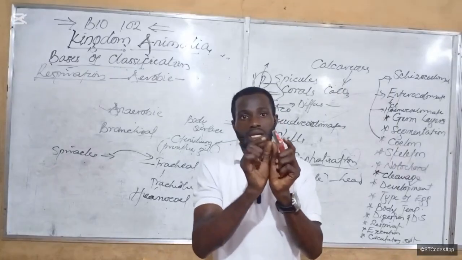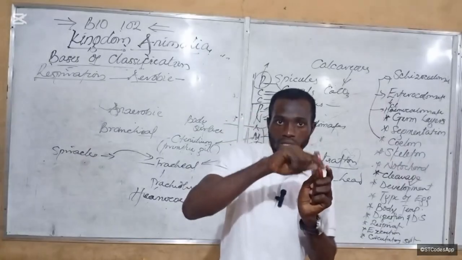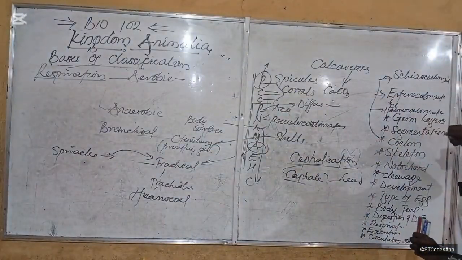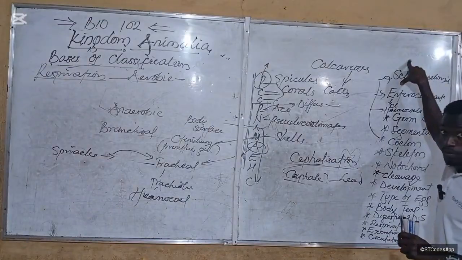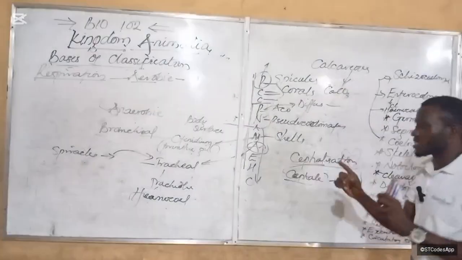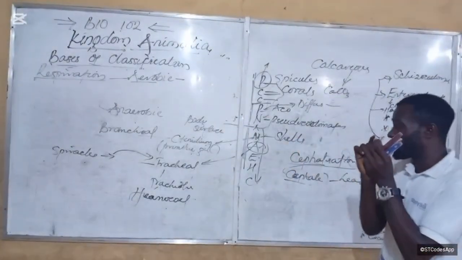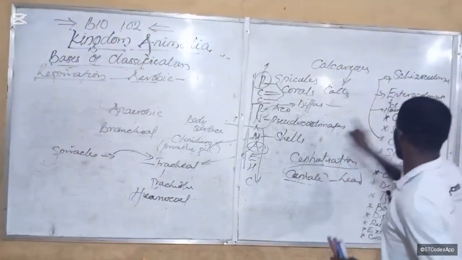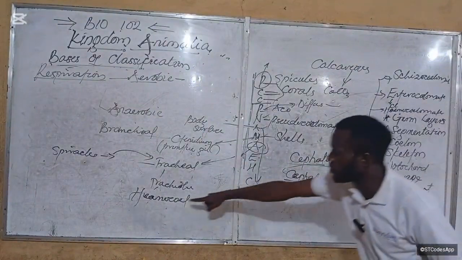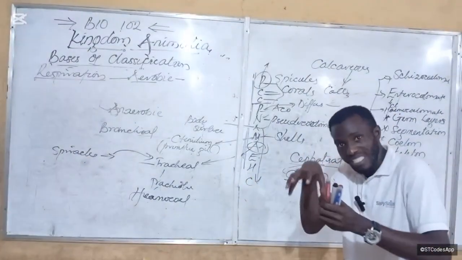But the hemocoelomate coelom is reduced because the hemocoel, the body fluid, fills the space up.